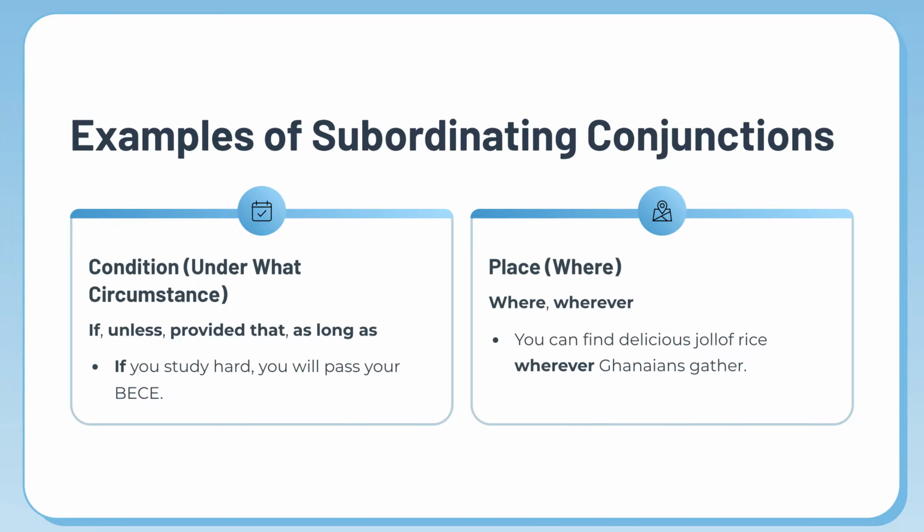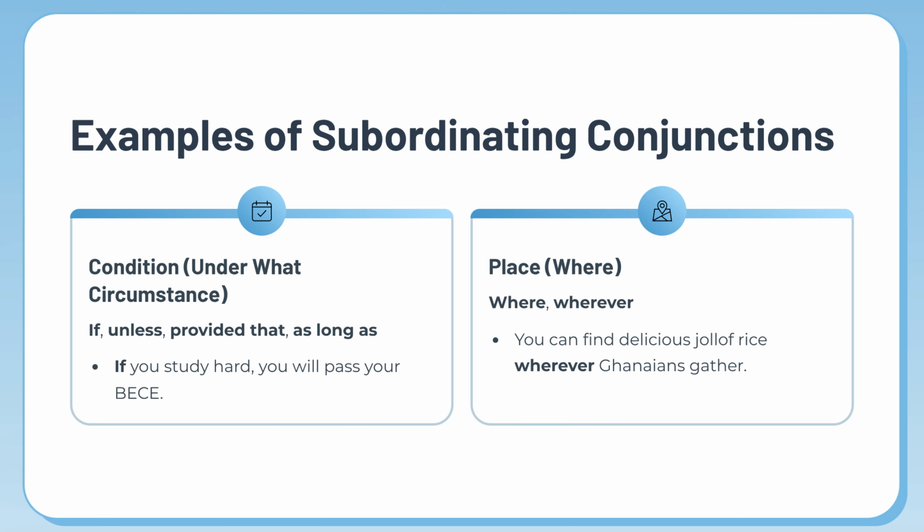Next, we have place. Where something happens. Examples, where and wherever. You can find delicious jollof rice wherever Ghanaians gather.